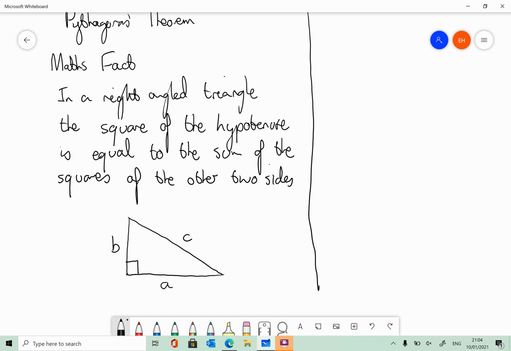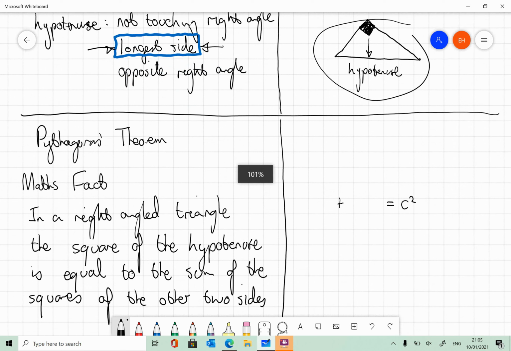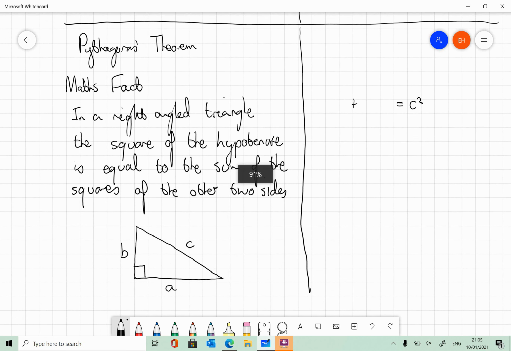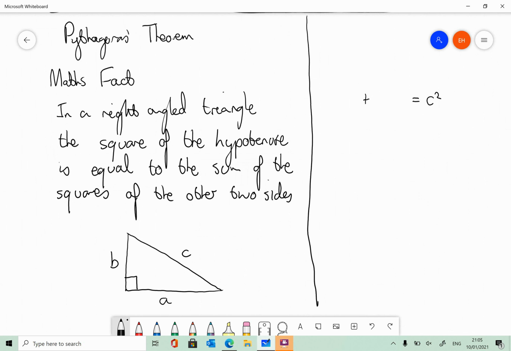In a right angle triangle, the square of the hypotenuse, that's C squared, because that's our hypotenuse down here, is equal to the sum, so it's definitely a plus, of the squares of the other two sides.